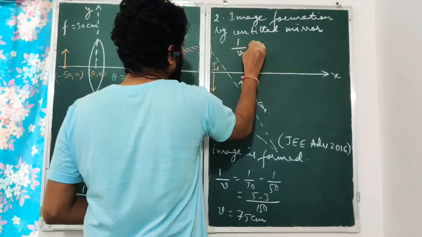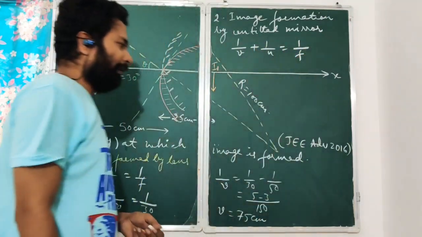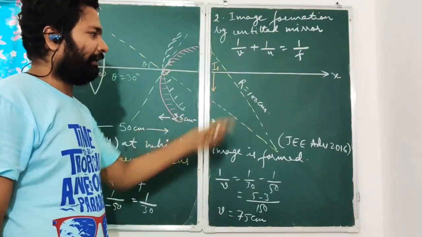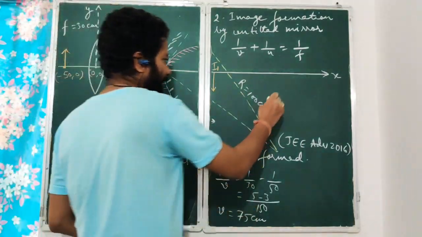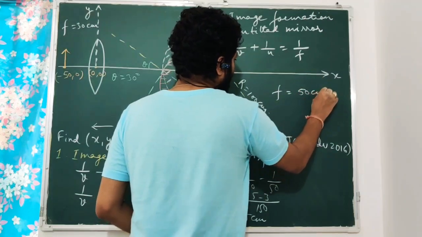So mirror equation 1 by V plus 1 by U is equal to 1 by focal length of the mirror. What will be focal length of the mirror? Radius of curvature is given as 100 centimeter. So F will become 100 by 2, which is 50 centimeter.